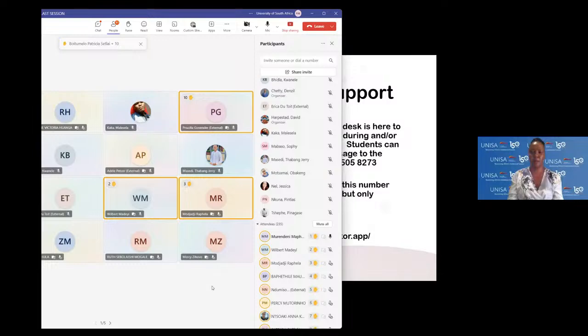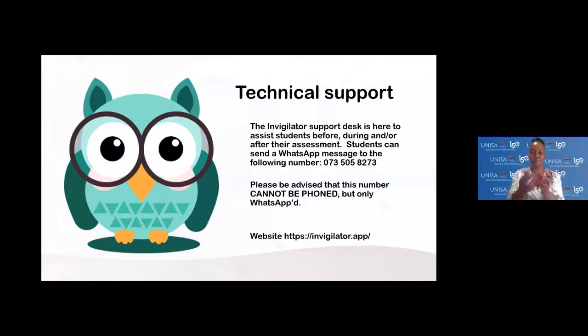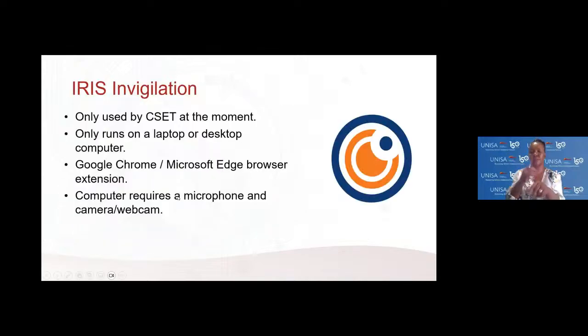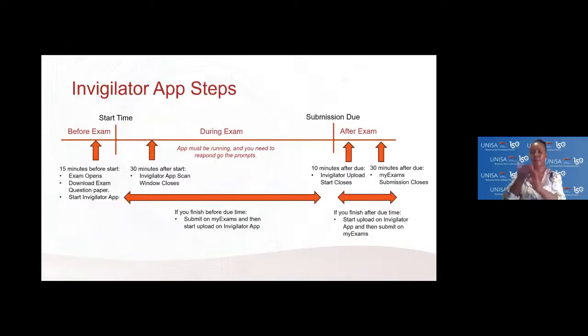Okay, I have a quick question regarding the submission. If I finish before the due time, and I first upload on the invigilation app rather than myExams, is there a problem? No, there's no problem if you do it the other way around, as long as the documents that you upload on the two platforms are the same, because the documents that you take pictures of are to confirm that's what you've been invigilated for.